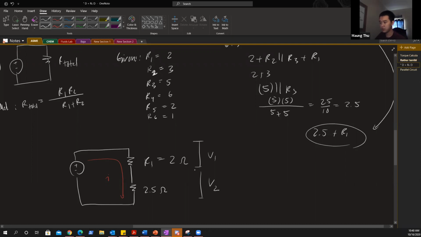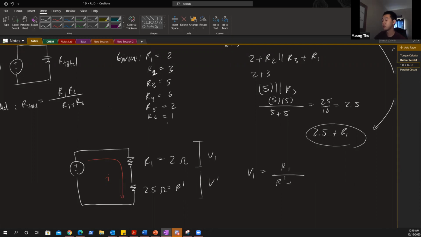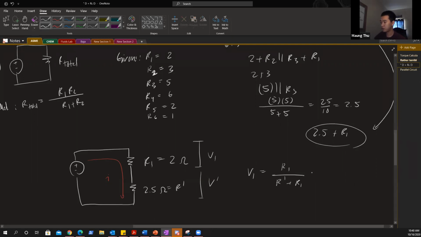The voltage divider equation allows you to find the voltage drop of resistor 1 or voltage 2 very easily. And this is the equation. So if you want to find voltage 1, it's just going to be resistor 1 over resistor 1 plus resistor prime, I'm going to call this resistor prime, and I should call this voltage prime instead of voltage 2, times V source.